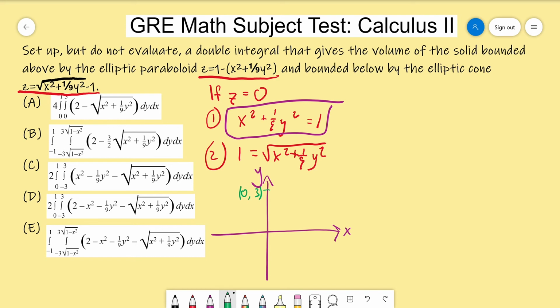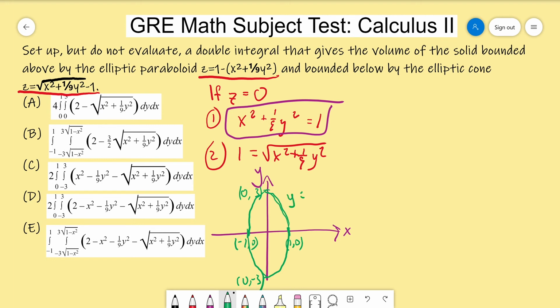And when y is equal to 0, then x is equal to 1. And this is symmetric, so -1, 0, and 0, -3. So our graph is going to look something like this. More or less, that's an ellipse.